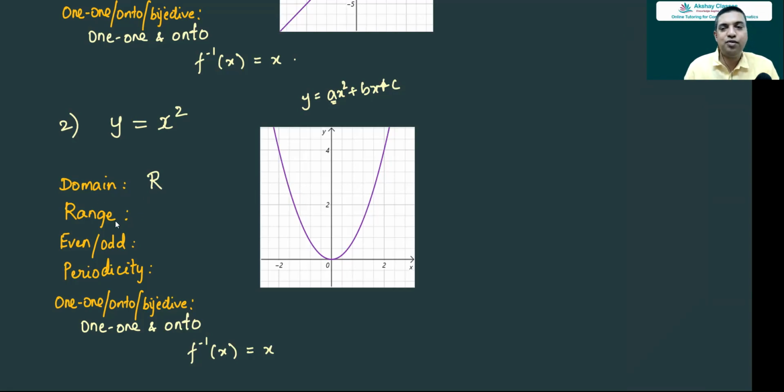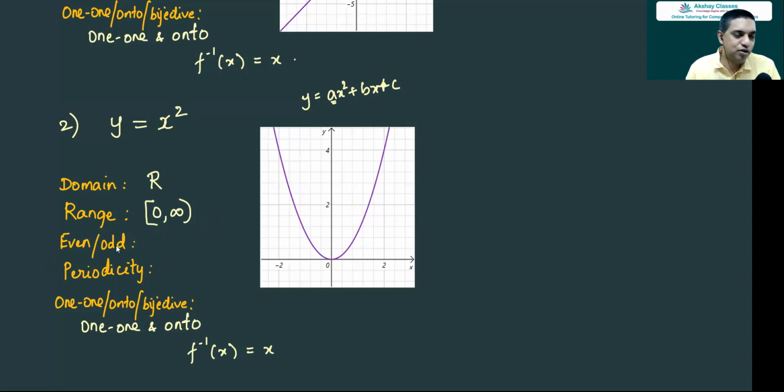Good. 0 included or not? Included. Very good. 0 is included. Sometimes students write it as R plus, which is wrong. If you just write R plus, it excludes 0. So it is 0 to infinity.